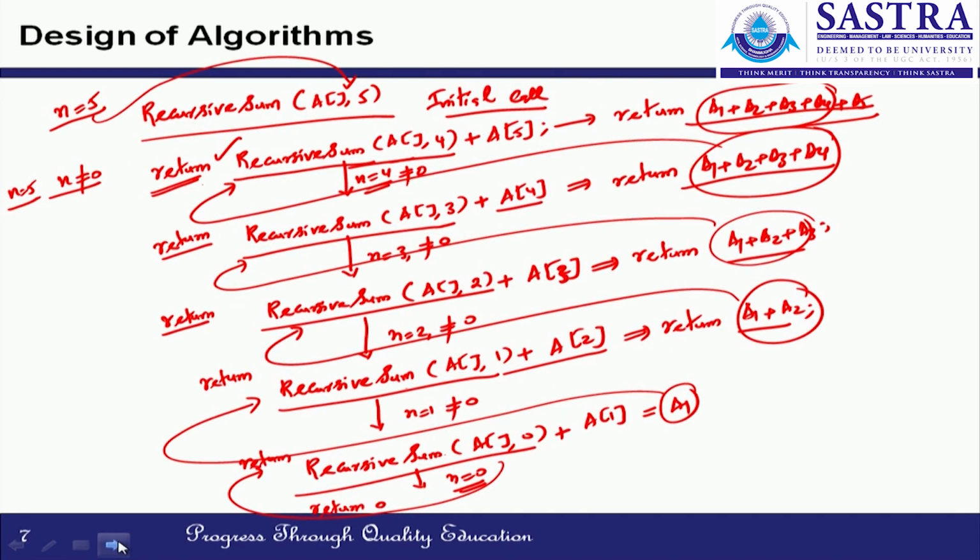Just think of how many times the recursive calls are made. The initial call is for n is equal to 5, recursive sum a array comma 5.